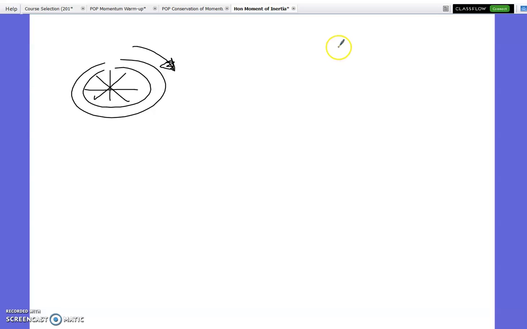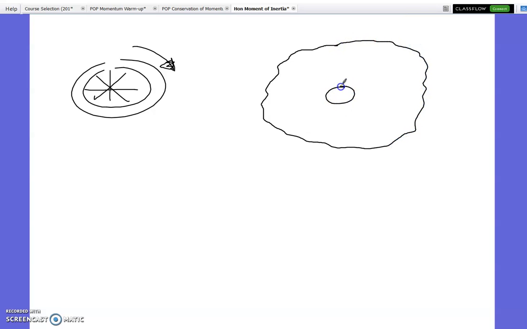But if we look at a tire on a tractor, a tractor tire is much bigger. It's usually more contoured there as well. A tractor tire is much more difficult to spin. That's because they have different moments of inertia. The tractor tire has a larger moment of inertia than the bicycle tire.